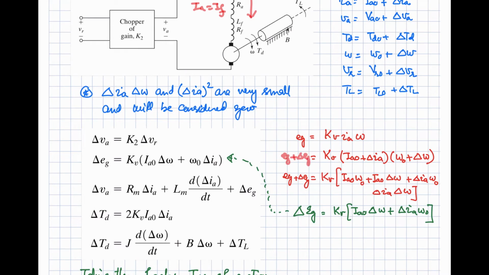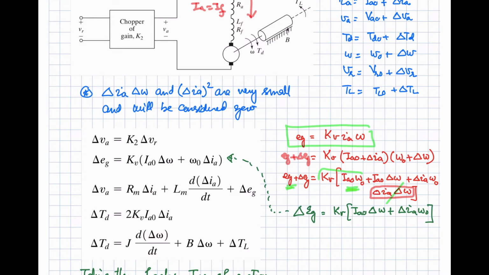Okay, so now rearranging this equation and simplifying this one, you will get this expression, and you can see delta Ia and delta omega is there. As these two are very small quantities, this will be 0. Similarly, if you simplify that one and look at this part, Eg is equal to Kv into Ia into omega naught.